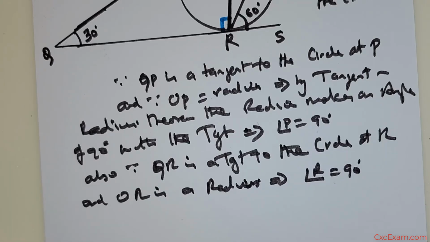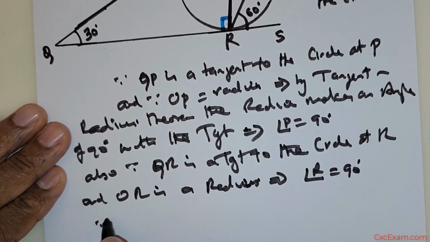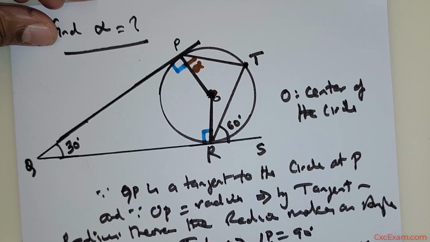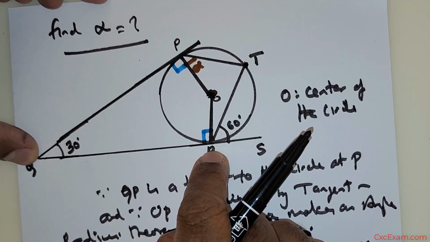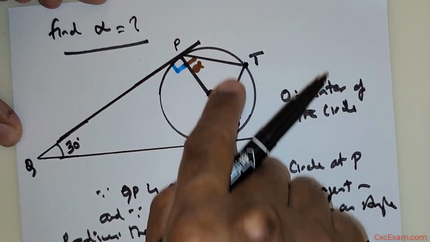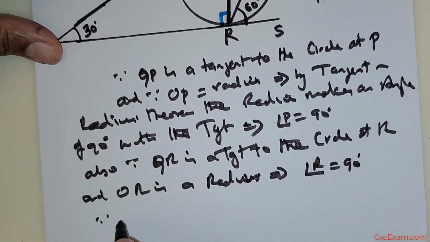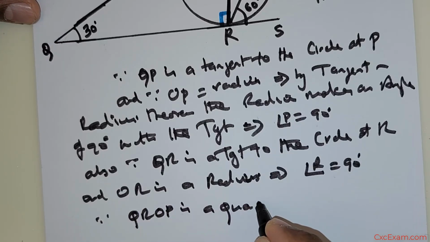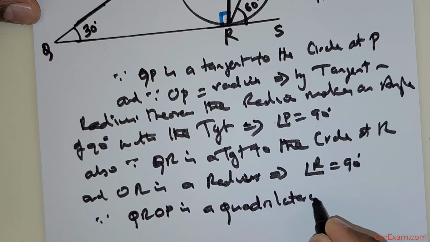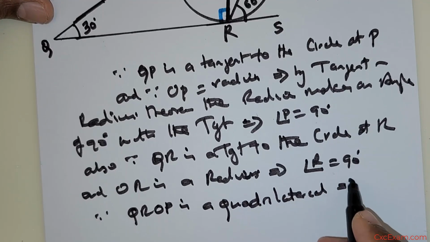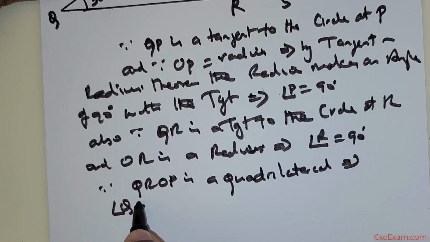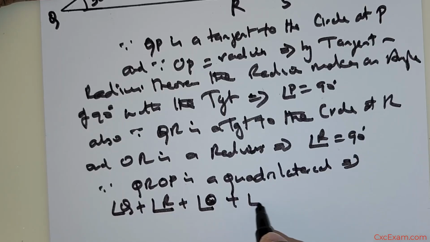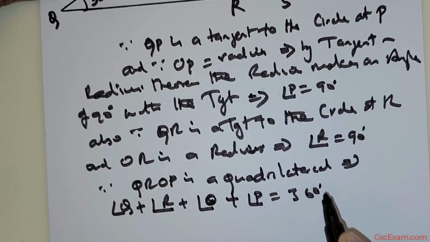Now you see here, this is a quadrilateral, QROP. Since QROP is a quadrilateral, this means angle at Q plus angle at R plus angle at O plus angle at P is equal to 360 degrees.